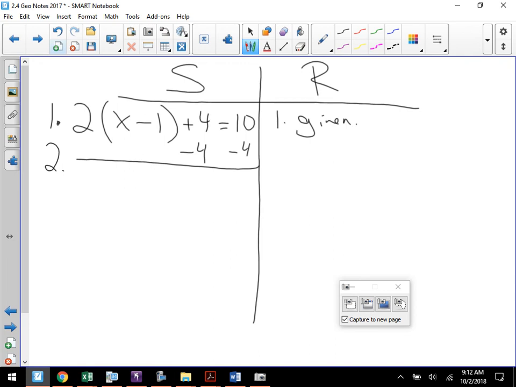What is the reason that I subtracted 4? What reason do you think that would be? Remember, when we go across an equal sign, it's always of equality. So, subtraction, SUBTR, because I don't want to use just sub, because that could be substitution.